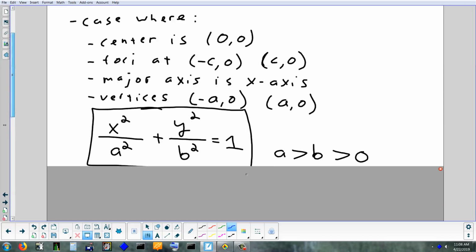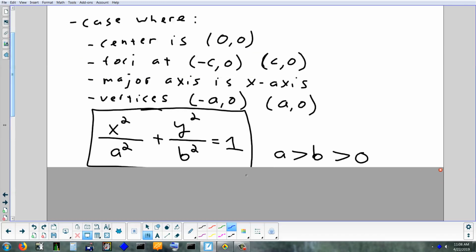Now, C is another letter we're going to use, and it has to do with the foci, but this formula doesn't have C in it. So if you're just writing the equation of an ellipse, you don't need C. But sometimes you're going to need C to do some arithmetic to figure out one of these two letters.